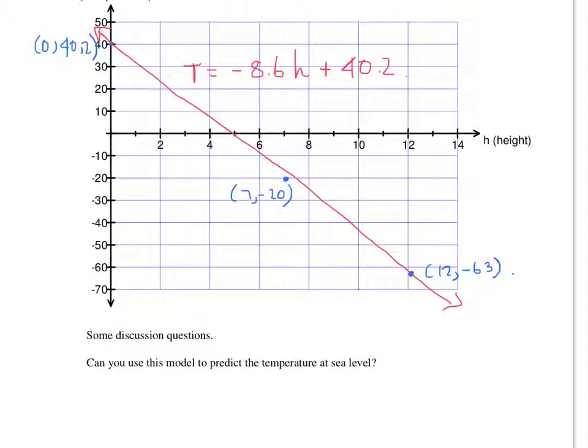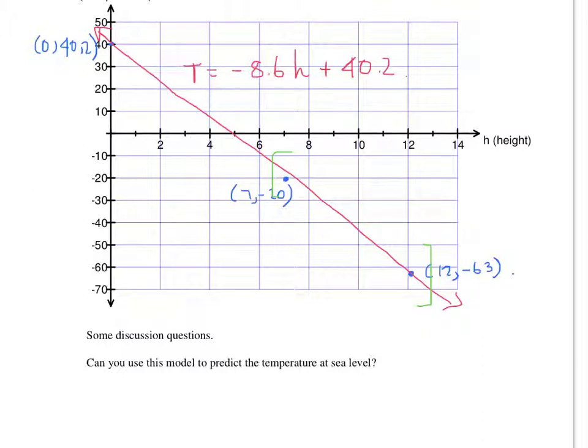And if you think about it, everywhere on the Earth's surface, the temperature at sea level isn't 40.2. So this model really breaks down once I go beyond the 2 points that you were given, that is 7 and 12 kilometres. So the model really only works between 7 and 12 kilometres.